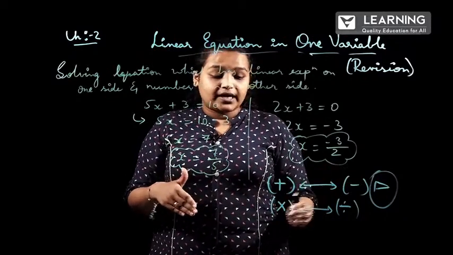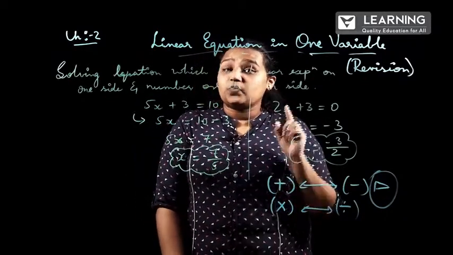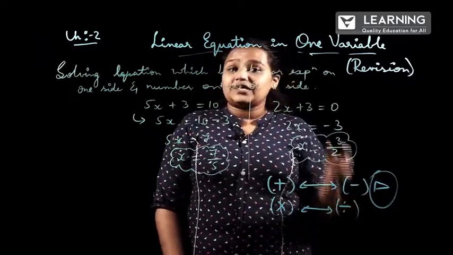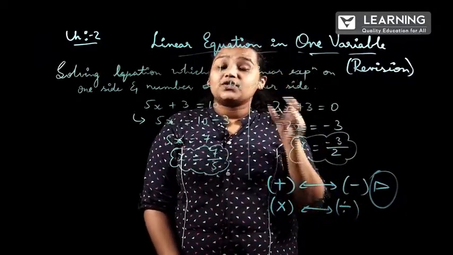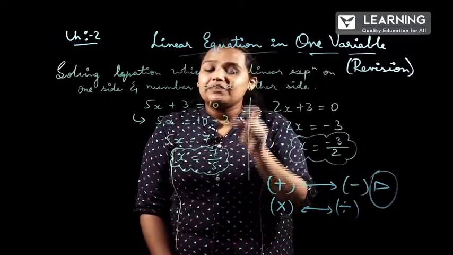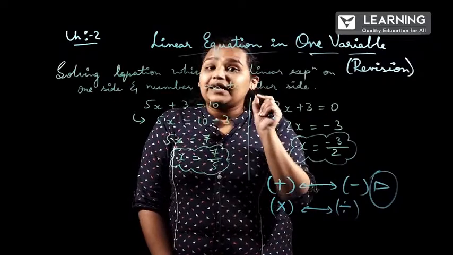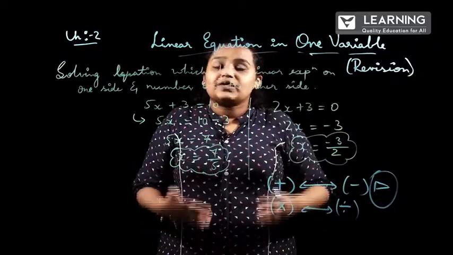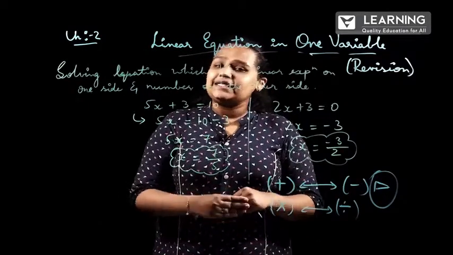This is very important. Here in linear equation in one variable, the main thing is when you are shifting the variables or the numbers from one side to the other side, you have to be careful with the sign. If you miss one sign, the complete answer will be wrong. So, whatever you solve, it is of no use, so that you will not get marks in the tests and exams.